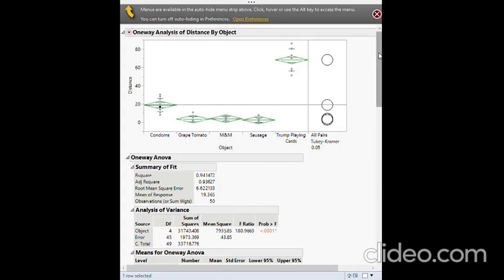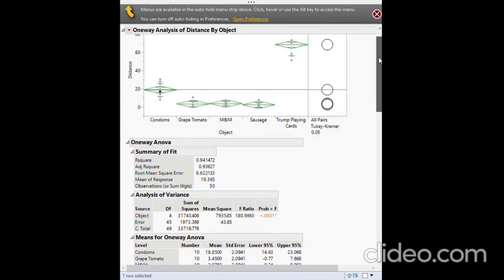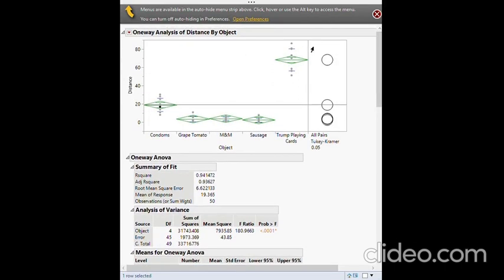Okay, so let's run through this first JMP output. As you can see right here, between the Trump playing cards and condoms, there's just no overlap. A little bit of overlap here on the bottom of those condom data points with the grapes, the M&Ms, the sausages. But the main thing we want to focus on with this output is the spread. Look at that.